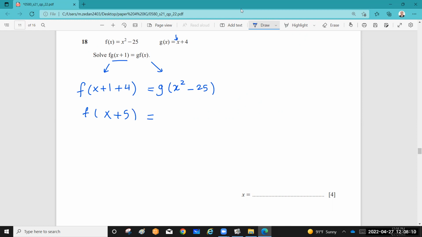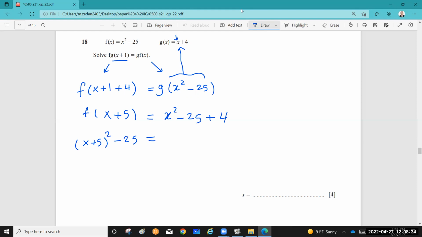G of x squared minus 25. Go to the function g and write all this instead of the small x. So x squared minus 25 plus 4 is the same as f of x plus 5. For f of x plus 5, go to the function f and write x plus 5 all squared minus 25.